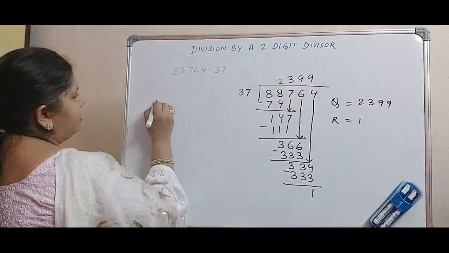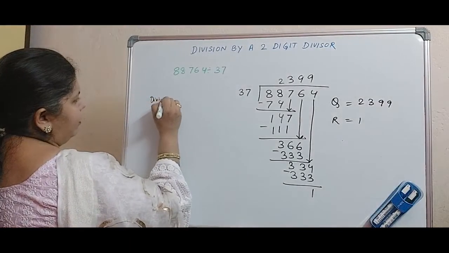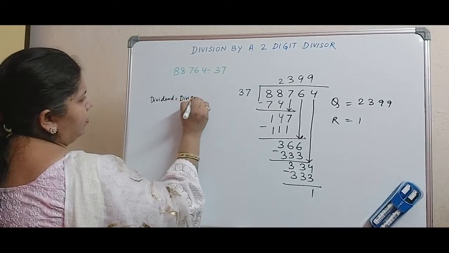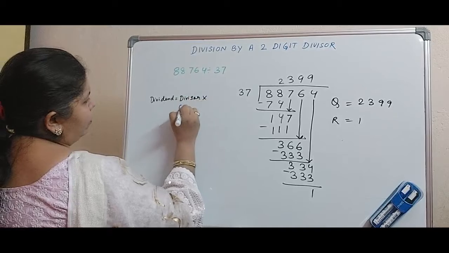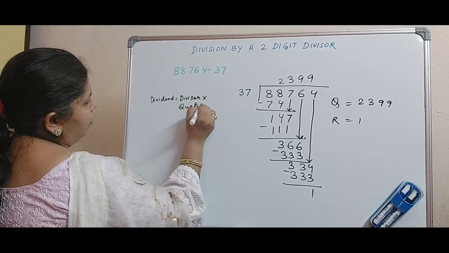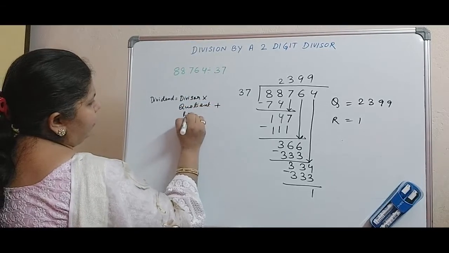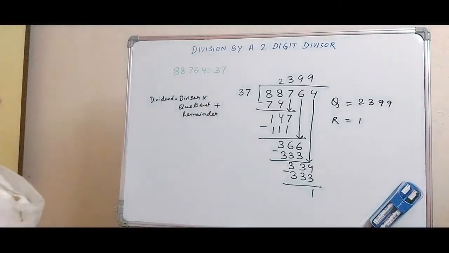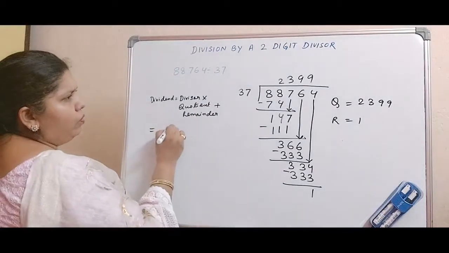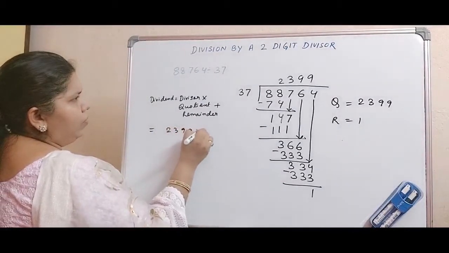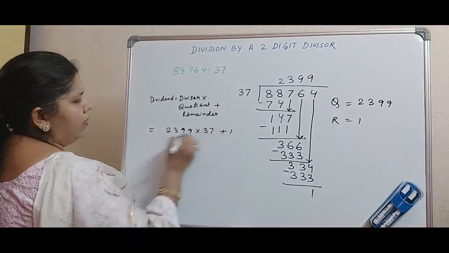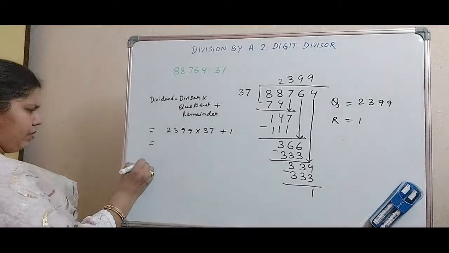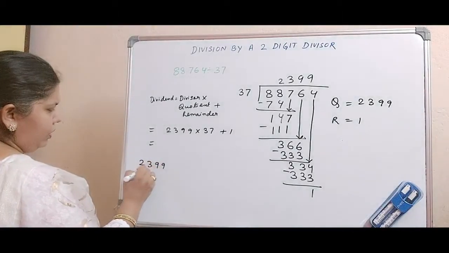So dividend equals divisor into quotient plus remainder. So 2399 into 37 plus 1. First we will multiply 2399 into 37.